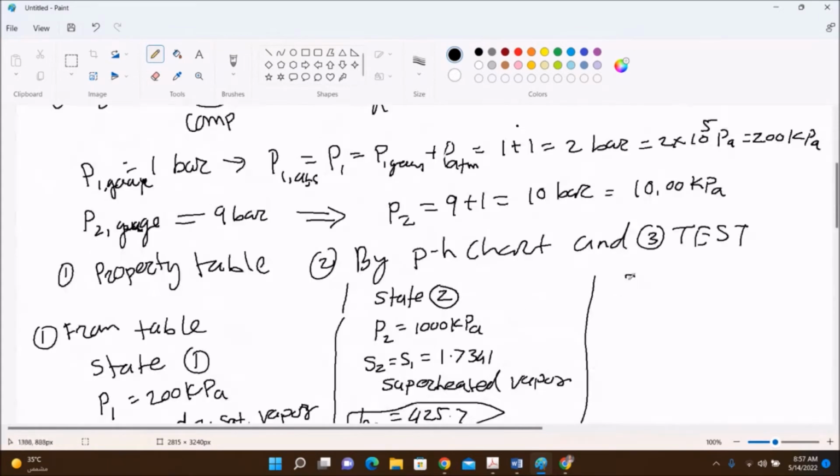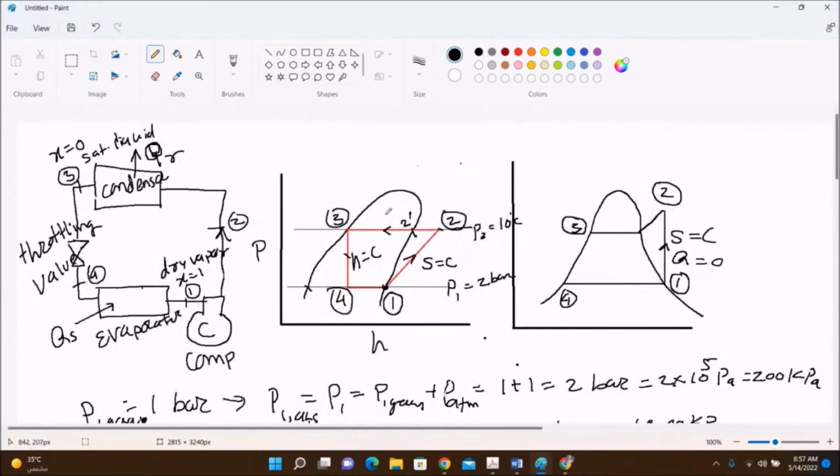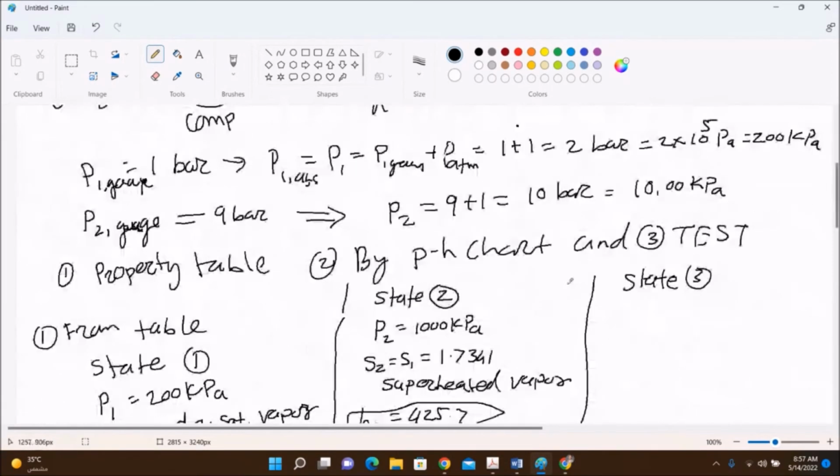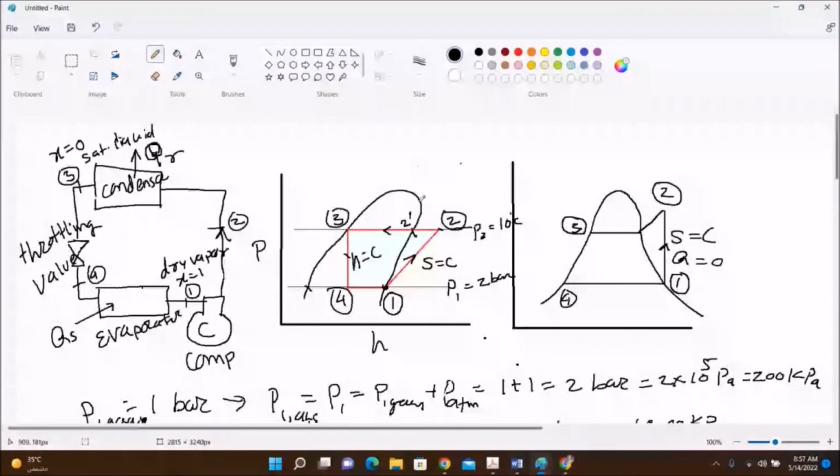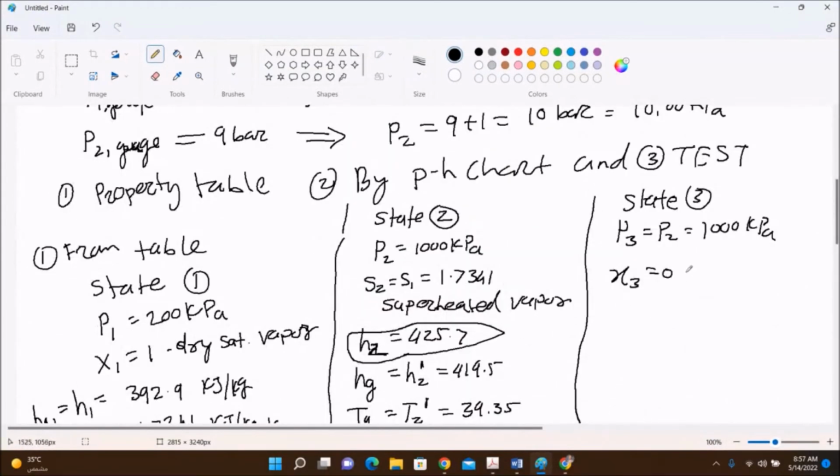So why find it? Now state 3. What I know at state 3: P3 is equal to P2, which is 1000 kilopascal. And this point is on the saturation curve, which means x3 is equal to 0 here, and here x is equal to 1. X3 is equal to 0, saturated liquid.